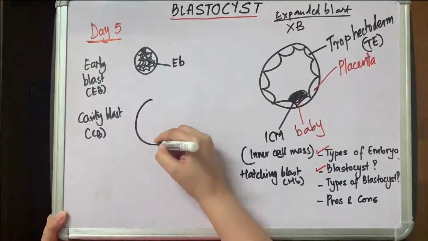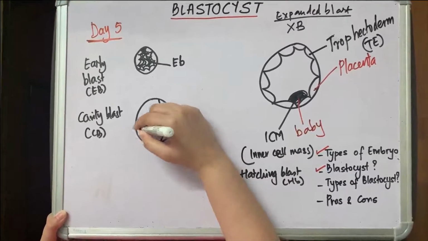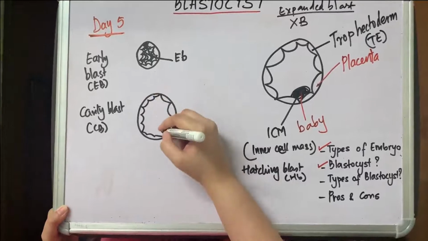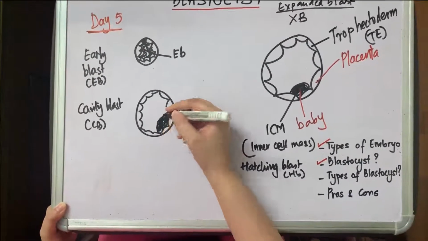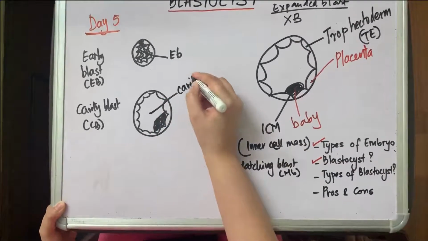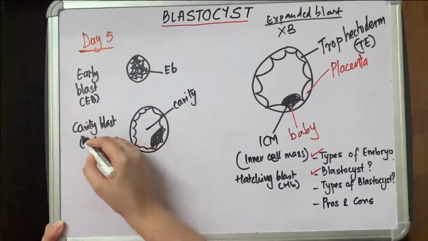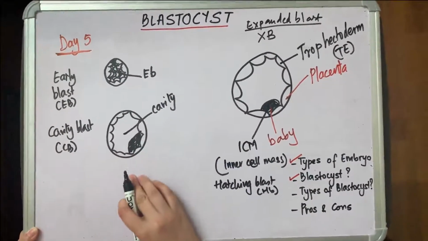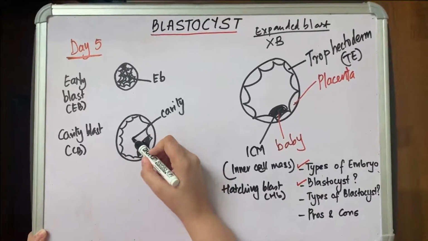Cavity blast is the stage wherein you can start seeing the trophectoderm and a hint of ICM. It's not so clear sometimes, but you can see that this cavity is getting bigger. So what was small here is starting to expand. So that's known as a cavity blast.